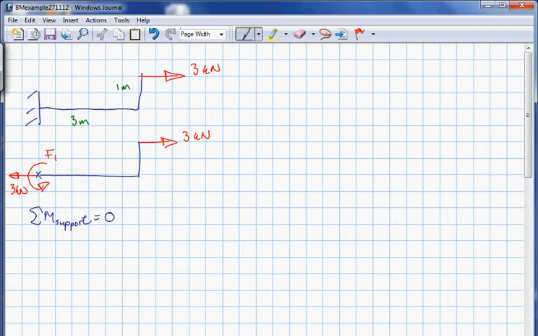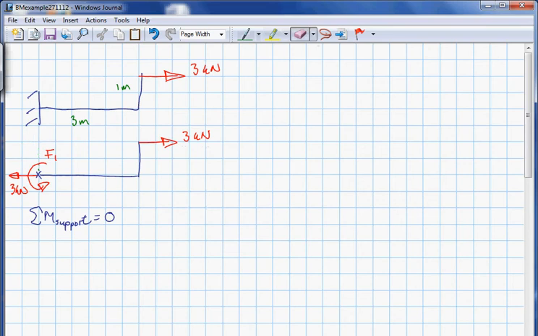Well, we've got 3 kilonewtons acting with a lever arm of 1 metre. Remember that's the line of action of 3 kilonewtons, and it's this distance here, which is 1 metre. So that's acting clockwise.